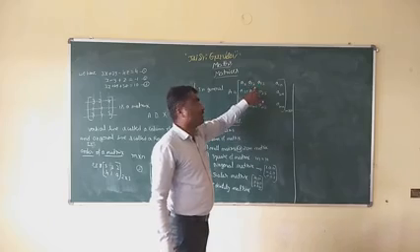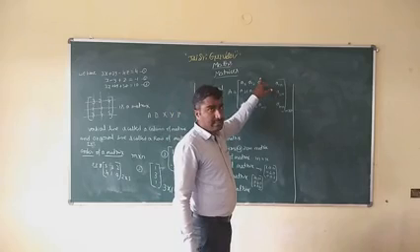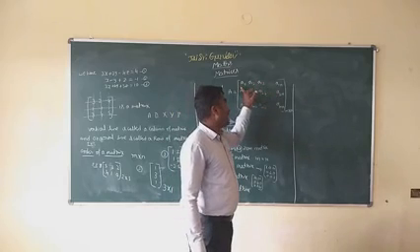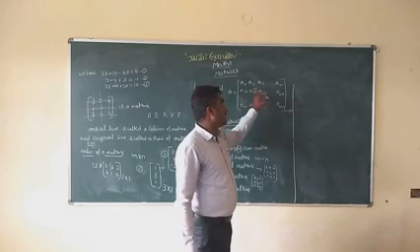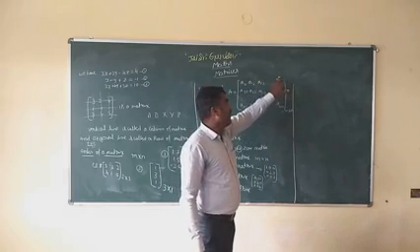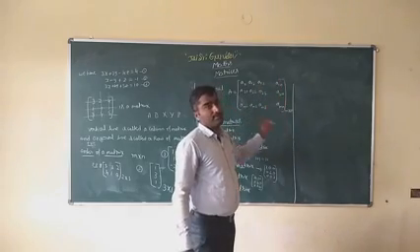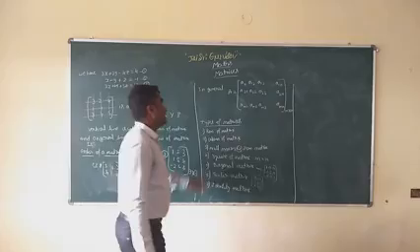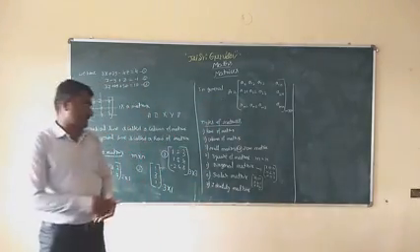Therefore, it is 1, 2. A13 means the element of the first row, third column, and so on. A1n is the element of first row and nth column. This is general form of matrix.